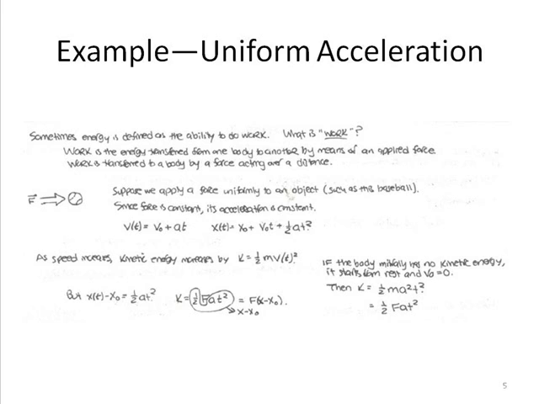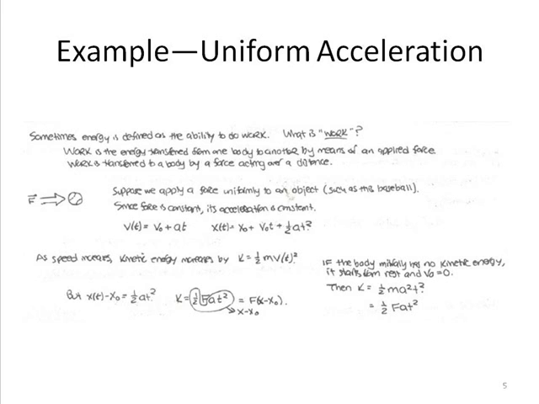Squaring that, we have kinetic energy as 1/2 ma squared t squared. Since ma is equal to the force, we can remove it, and that just leaves us with the force times at squared. But notice that the displacement x of t minus x naught is equal to 1/2 at squared.